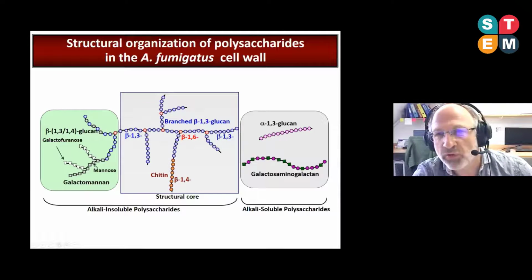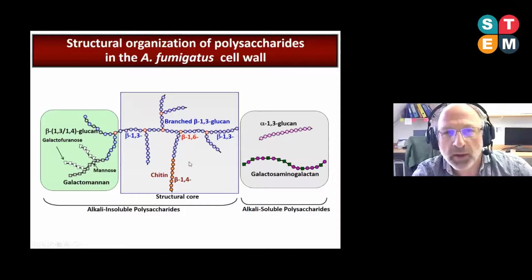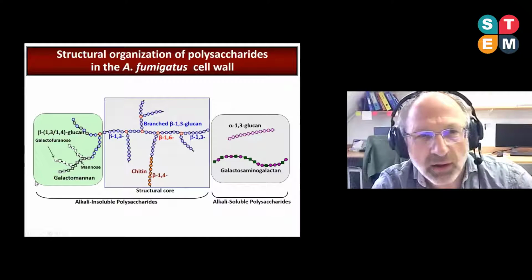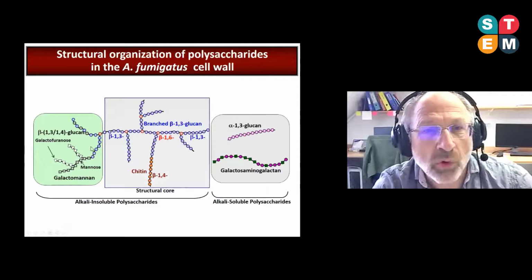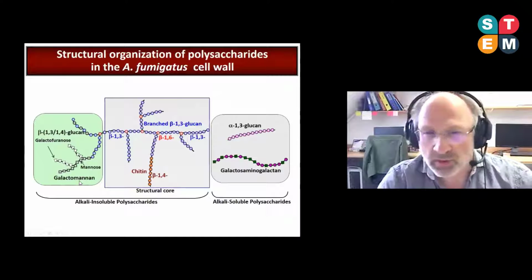There are two other polymers, alpha-1,3-glucan and galactosaminogalactan, which are not cross-linked to others. These two are involved in biofilm formation, and beta-1,3-glucan and chitin are really essential for fungal growth. At the moment, the role of the galactomannan is still not known.